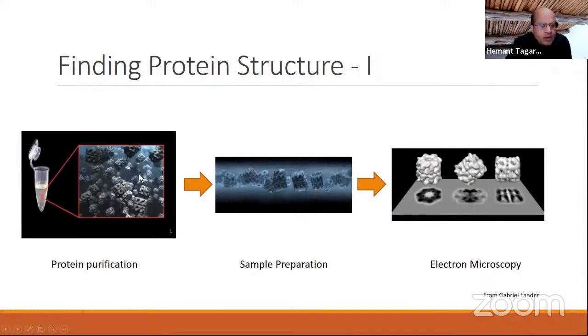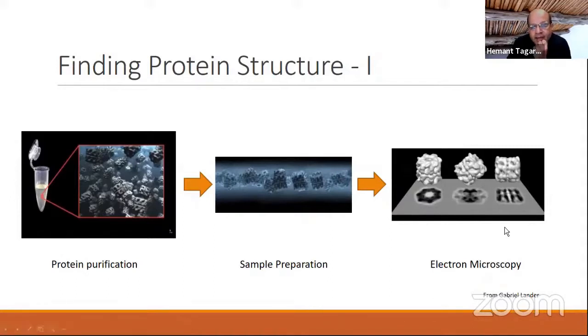You purify the protein, and then through a number of steps, you get that protein in a thin layer of water, which you then freeze at really low temperatures. What you end up with is a thin layer of ice in which these protein molecules are stuck at random orientations.